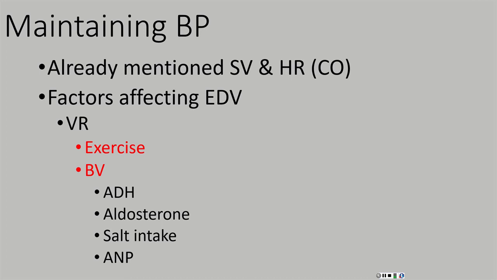ADH tells your kidneys to reabsorb water before it leaves your body as urine. So water remains in your body longer than it would have otherwise. So ADH increases blood volume, which increases venous return, which increases EDV, which increases stroke volume, which increases blood pressure.